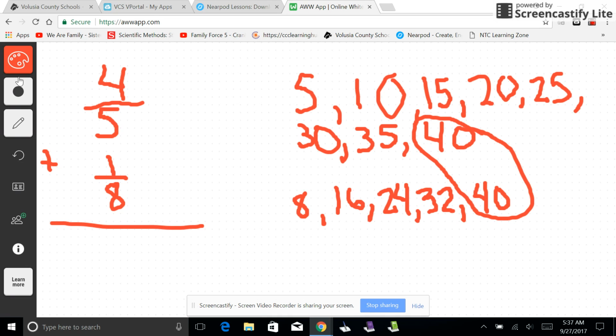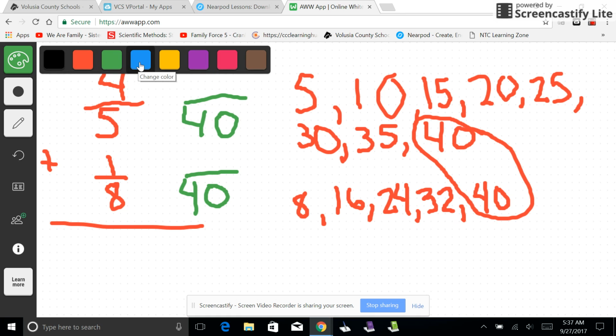So I'm going to come over here and create a new fraction. The reason we have to create a new fraction again is because the denominators are not the same. So we've established that the common denominator that they both can share is 40. So I put 40 underneath.